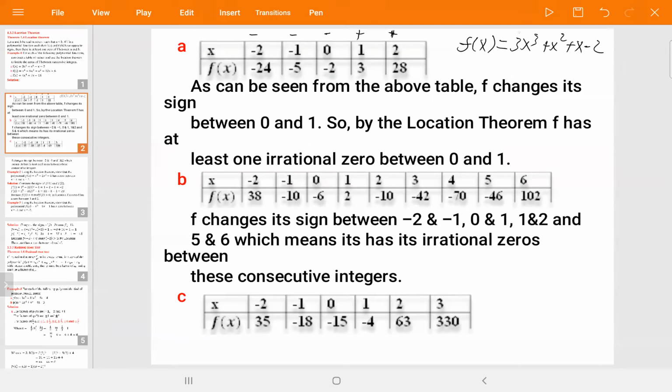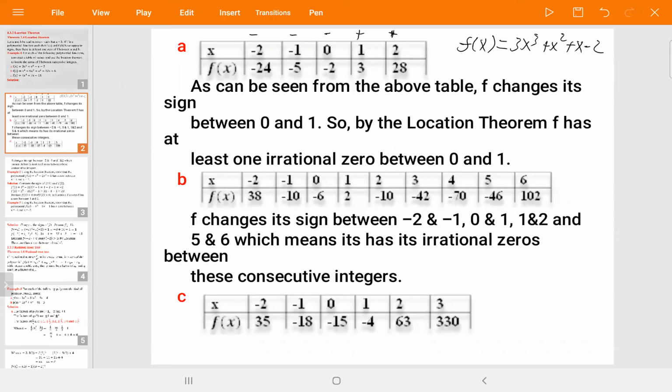So it can have 3 different zeros. But in this case, the location theorem assured us that between consecutive integers where the given polynomial changes its sign, there is at least one irrational zero. Therefore, one irrational zero of f of x is obtained between 0 and 1.